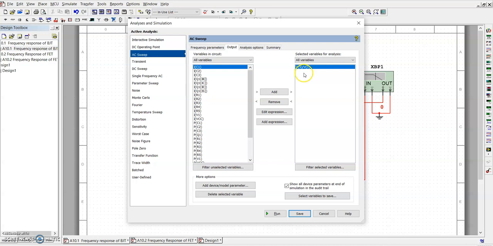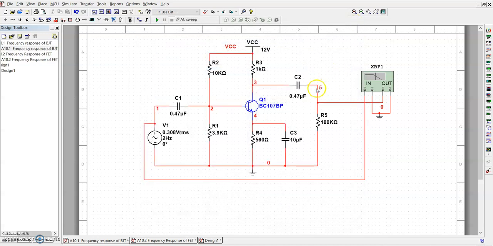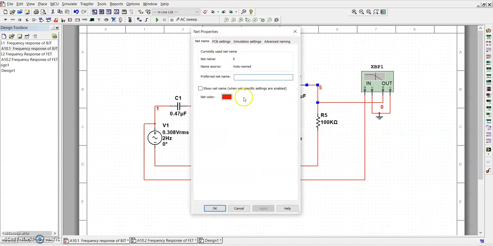I have added the expressions already here. You can check: this is 5 and this is 1. So the gain will be V5 by V1. If no number is given, you can check by right clicking on the line and going to properties. Here it will show what number your output is.